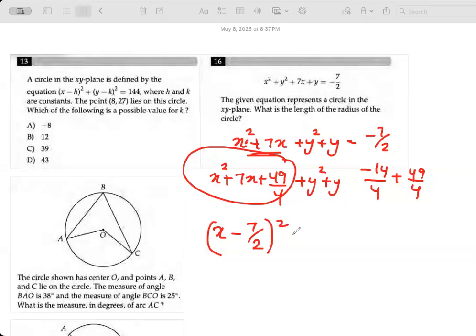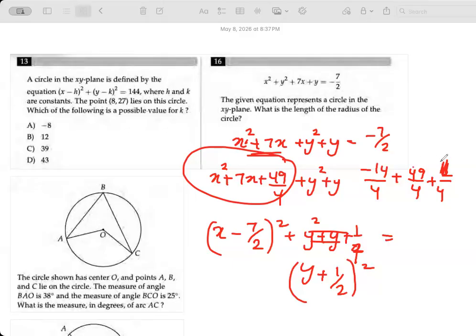And then y squared plus y: b by 2 is 1 by 2, so plus 1 by 4, minus 1 by 4. The minus 1 by 4, when it went in here, became plus 1 by 4. So this will be equal to y plus 1 by 2, the whole square.